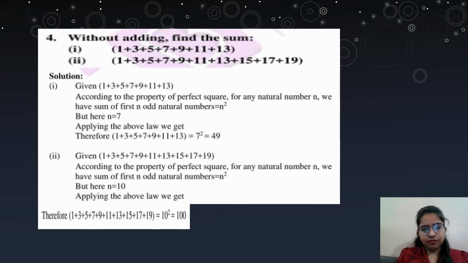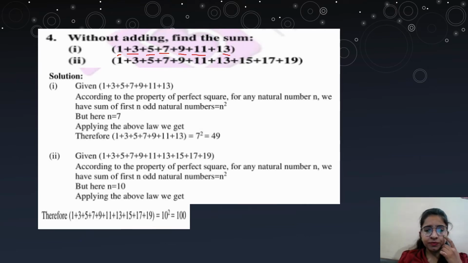The numbers are 1, 2, 3, 4, 5, 6, 7. 7 numbers are there, and all are consecutive odd numbers like 1, 3, 5.